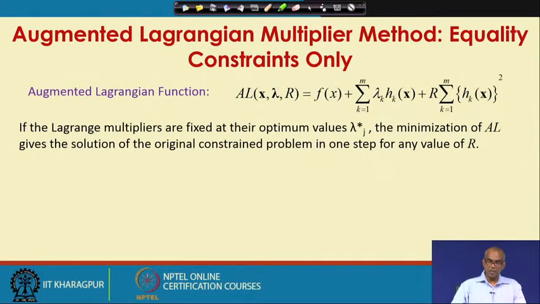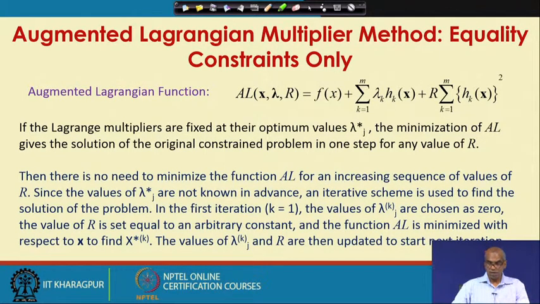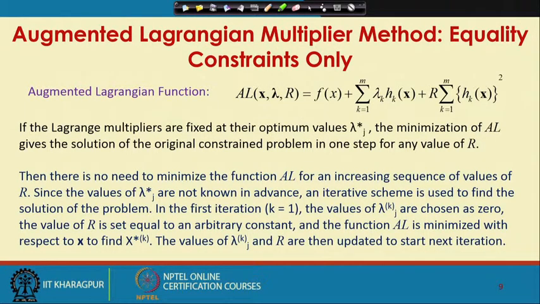If the Lagrange multipliers are fixed at their optimum values, the minimization of the augmented Lagrangian function gives the solution, that means the minimum point for the original constrained nonlinear programming problem, in one step for any value of the penalty parameter R. In that case, there is no need to minimize the augmented Lagrangian function for an increasing sequence of values of the penalty parameter R. Since the values of the Lagrange multipliers are not known in advance, an iterative scheme is used to find the solution of the problem.